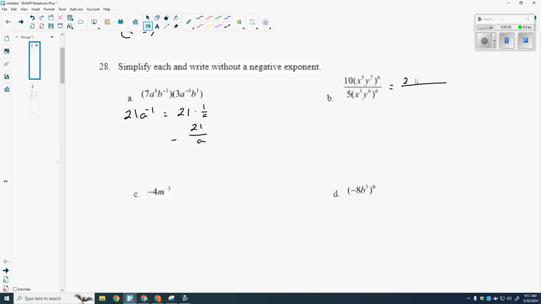X to the 5th to the 6th is x to the 30th. 7 times 6 is 42. The 5 went away, so I have x to the 18th and y to the 36th. Leave the 2 alone. Subtract 30 minus 18 is 12. 42 minus 36 is 6. There's no negative exponents. We're done.